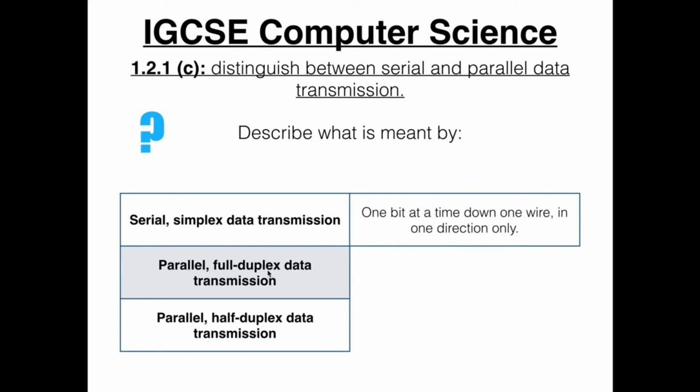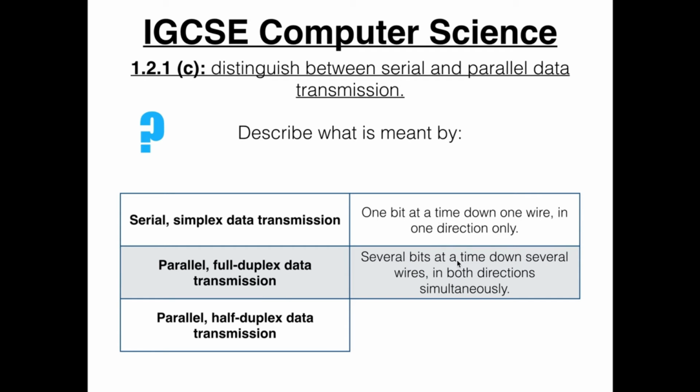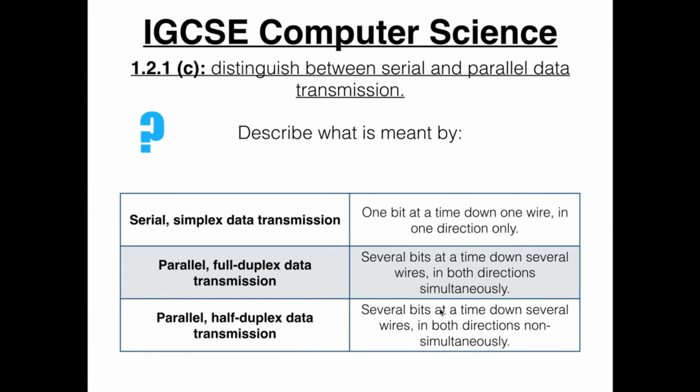Parallel full-duplex: parallel is several bits down several wires, and full-duplex is both directions simultaneously. So it would be several bits at a time down several wires in both directions simultaneously. Parallel half-duplex: I just explained what parallel was, and half-duplex was data transmission in both directions non-simultaneously. So here's our answer.